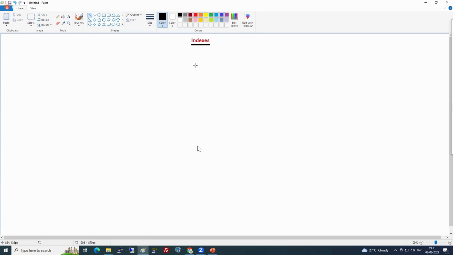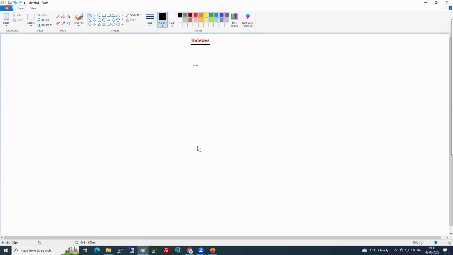But if you don't have an index page, you go one by one. So if I have millions of rows in my table and want to retrieve a particular value, indexes increase the performance. If you don't have indexes, it will check row by row. But if you write indexes, it will directly go and hit that value.